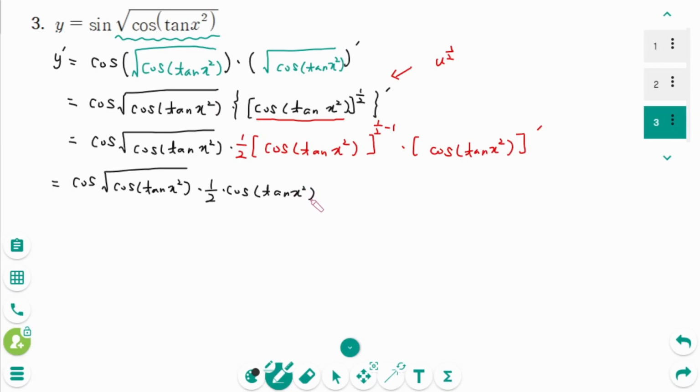tangent x squared to the power of minus 1 over 2 times, now u equals tangent x squared, so cosine u prime equals minus sine u times u prime. Then keep the inner function tangent x squared.